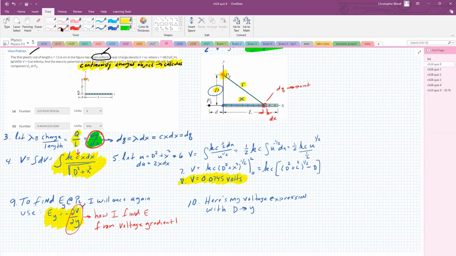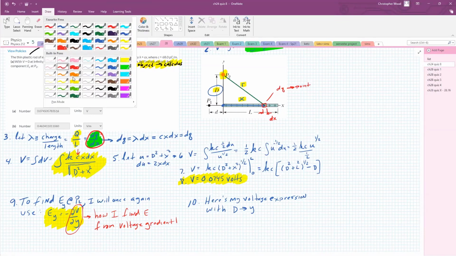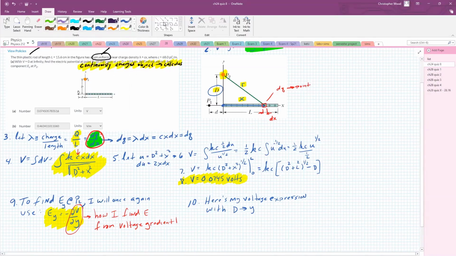I want to ask myself, how does my voltage change as a function of this Y position? So right here, this is my Y variable.